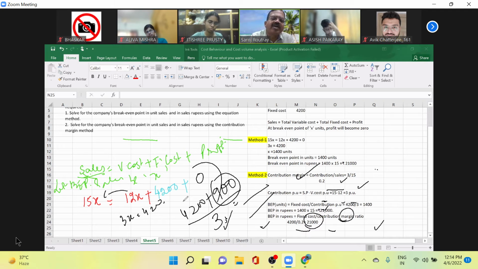What I am doing? Fixed cost plus desired profit divided by contribution per unit. This contribution is very important. This is only actually adding to my profit after recovering fixed cost. So if I can increase this contribution, if I can increase the gap between the variable cost and selling price, that is always beneficial for the organization.